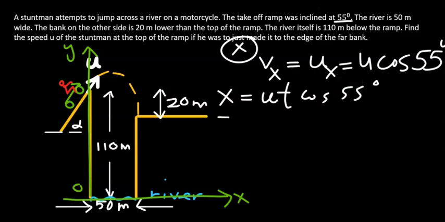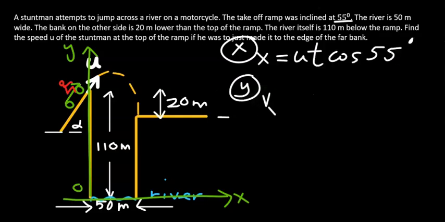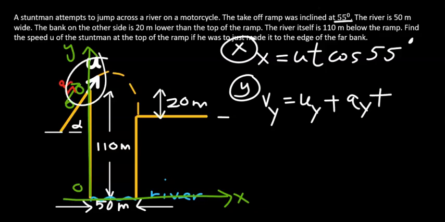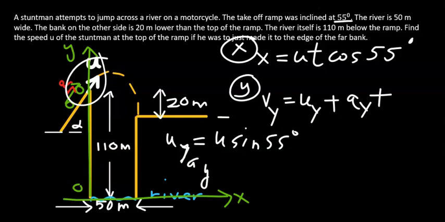Now let's write down kinematics equations for the y direction. The y component of the velocity at any time t is given by the y component of the initial velocity plus the acceleration along the y direction times time t. From the diagram, we know that u_y is u sine 55 degrees, and a_y is just minus g, as we have described earlier.